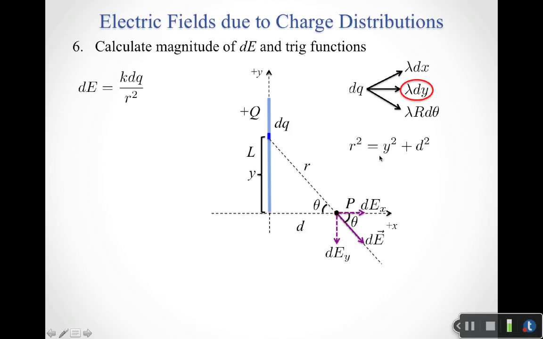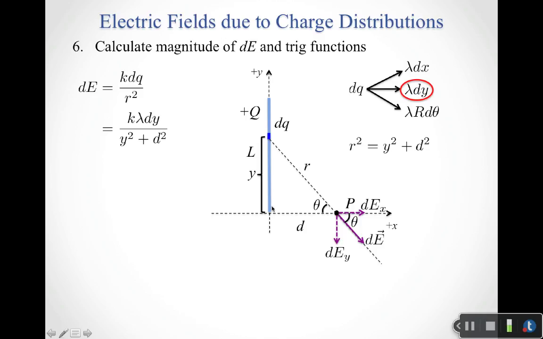And so from the Pythagorean theorem, r squared has got to be y squared plus d squared. So I know what to plug in for dq and for r squared. When I do that, the magnitude of my little element electric field contribution is just going to be k lambda dy over y squared plus d squared.